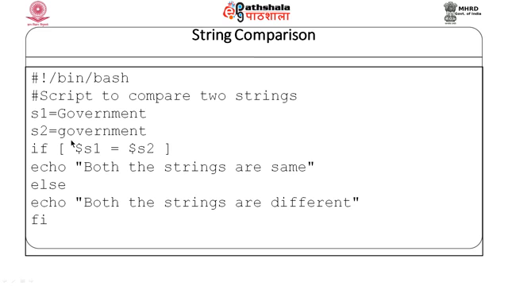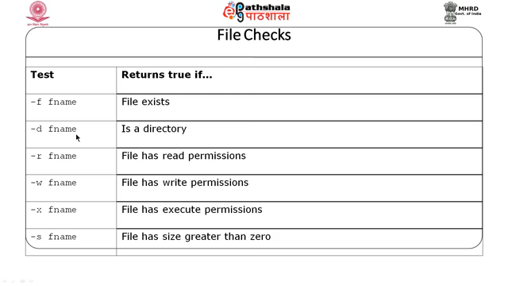Moving ahead, if condition also supports file checks. We can use if condition to check whether a file exists or not, whether it is a directory, whether the file has read, write or execute permission, and whether the file has some content or it is of size 0. So, these are the different conditions that can be used within the if block.